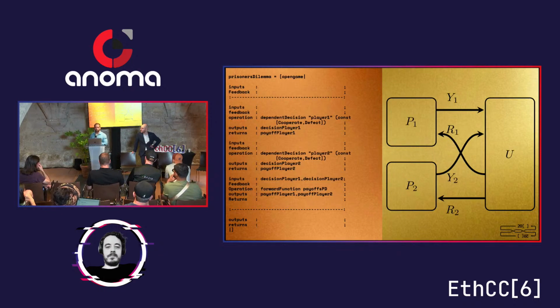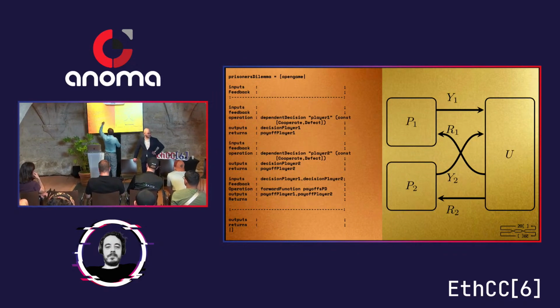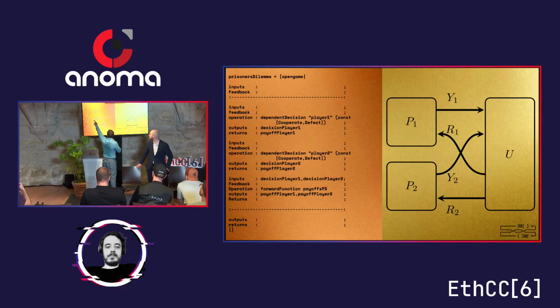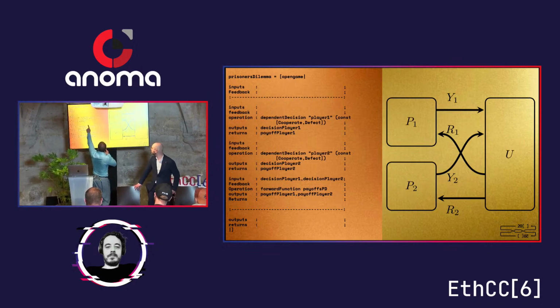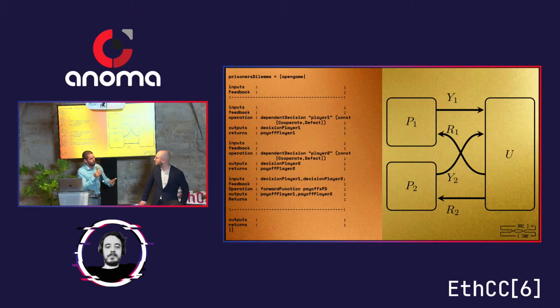For instance, if I want to model a situation where player 1 knows player 2's action before deciding itself, I would copy this wire and plug it back as an observation to player 1, and take this into account in the strategy, because now player 1's decision will have an input that can be discarded. So player 1 can say, I don't really care, but it can also be used.